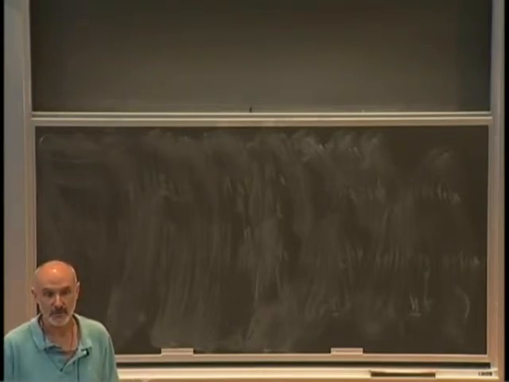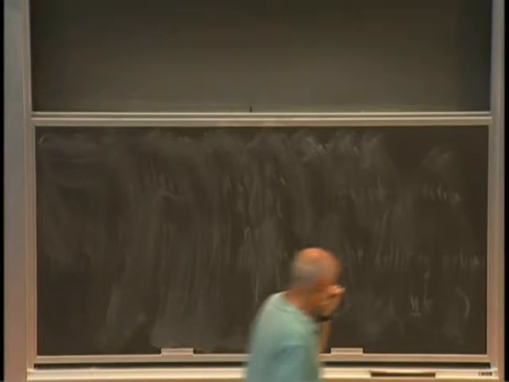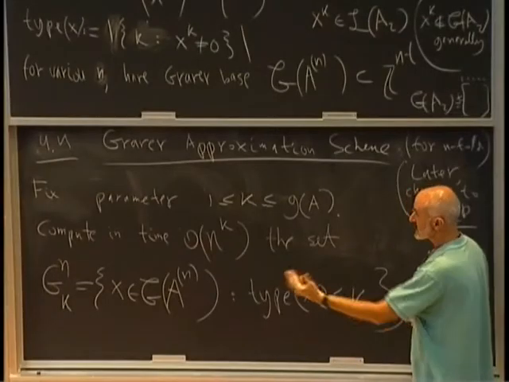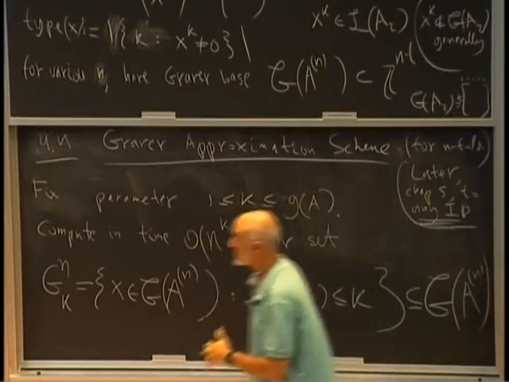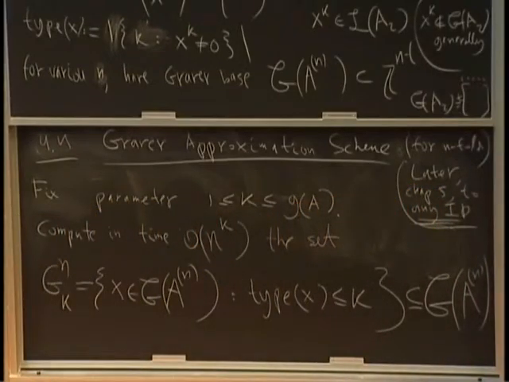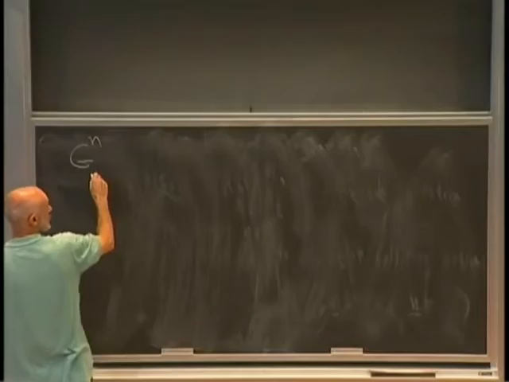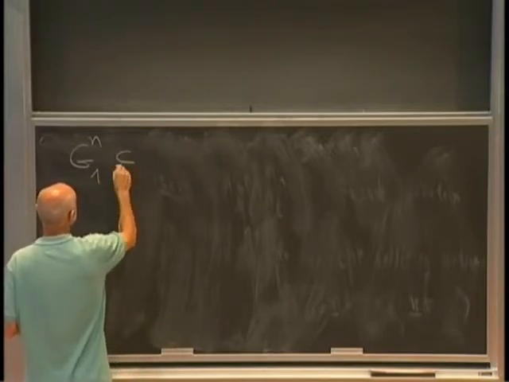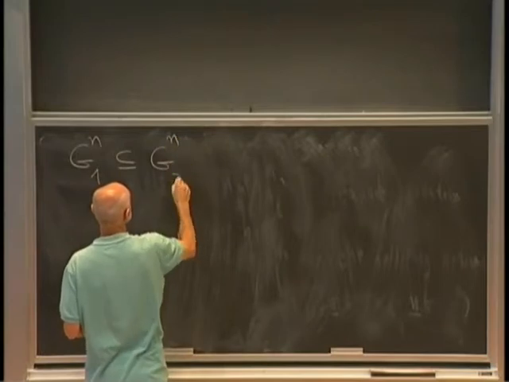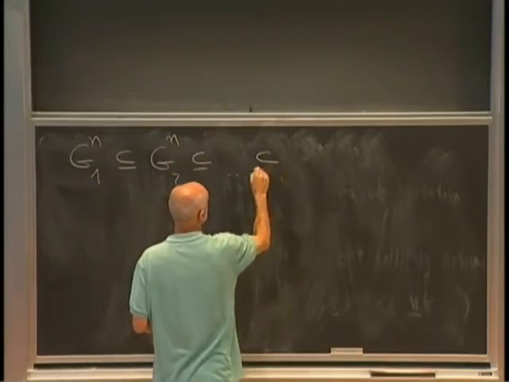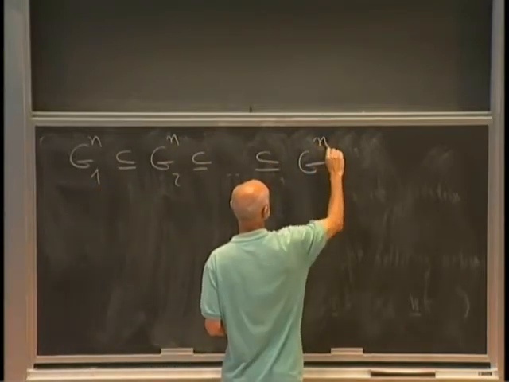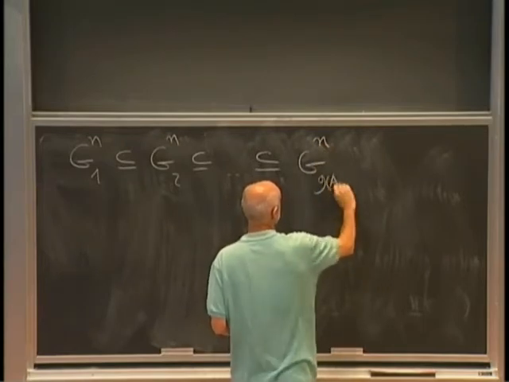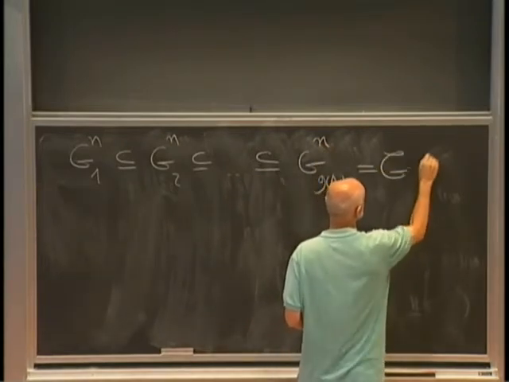G of A. So if I take k equal to G of A, then I get really equality here. And as I increase k, I get larger and larger sets. That's why I call it a scheme. We have the following situation. We have G_n^1, let's say 1, not 0. Well, 0 is maybe the empty set, but this is contained in G_n^2, and so on, all the way up to G_n^(G of A), and this actually equals the true gradual basis.